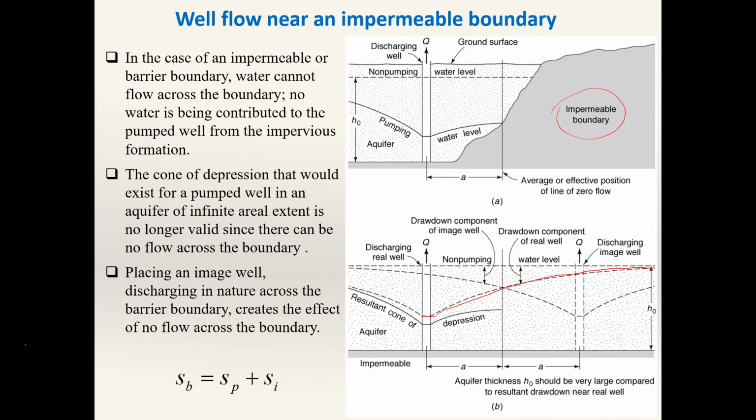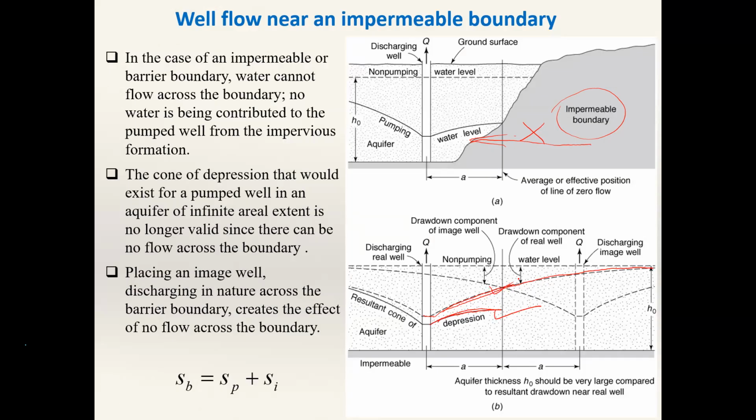But because it blocks the water flow from the right-hand side, it blocks the water flow to the well. The actual drawdown is larger than what we expect. So this is the actual one, and this is what we expect.